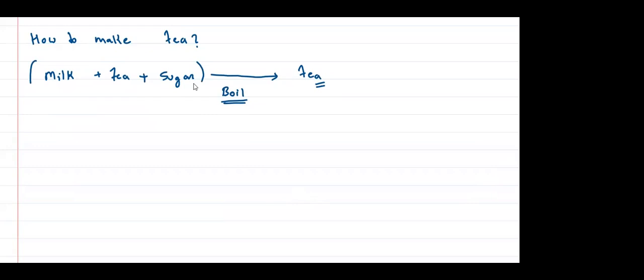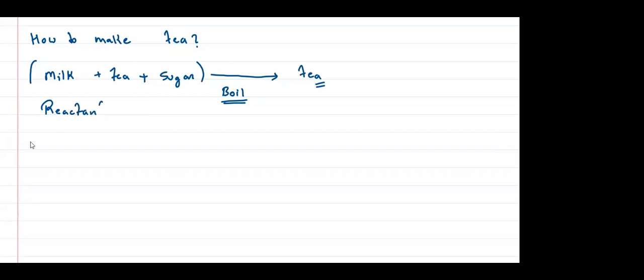Let us try to understand it first. These are inputs, something that we are giving. We are making them combine. Or in technical terms, this is your reactant. We are making them react. So this is your reactant.